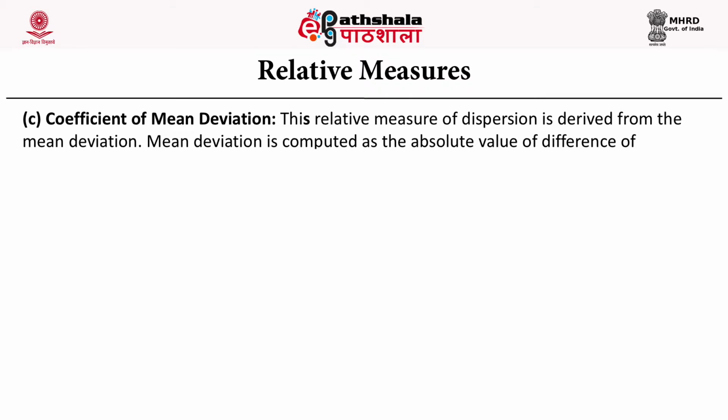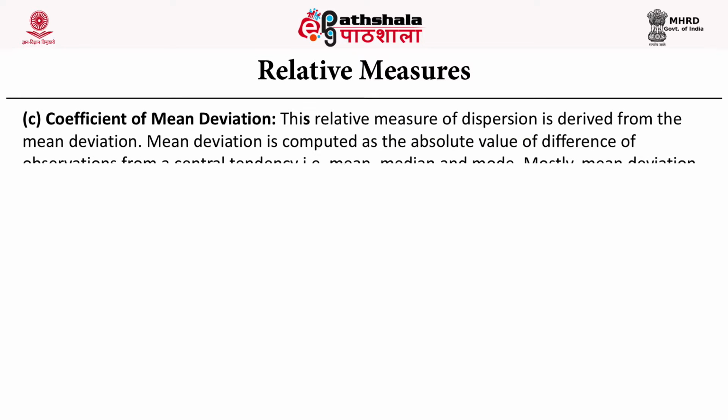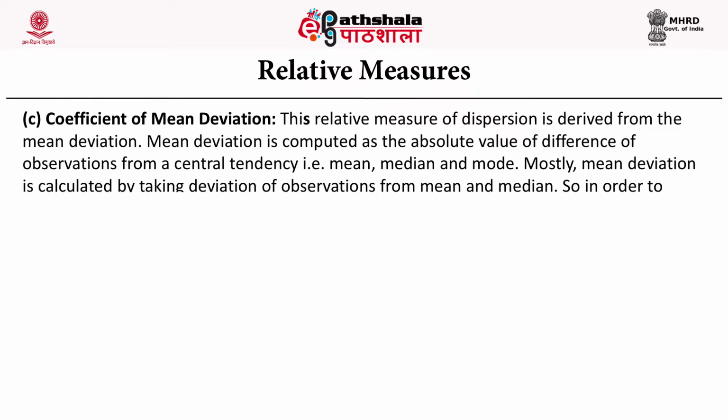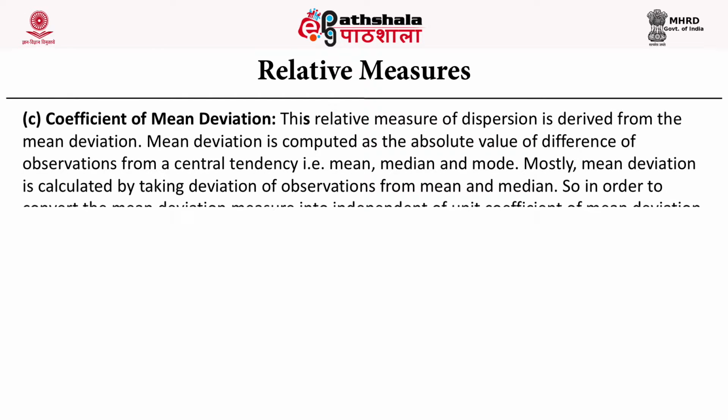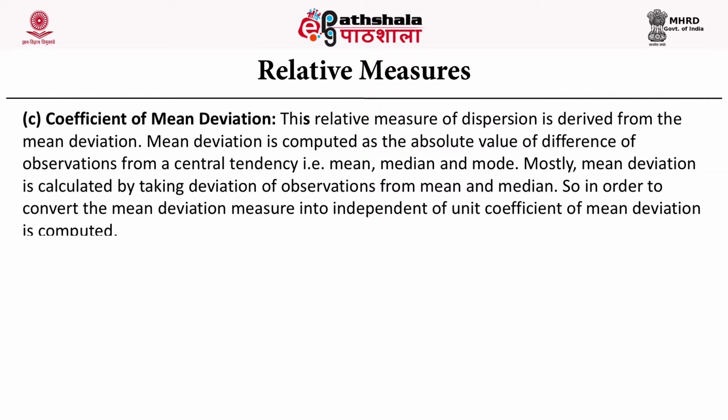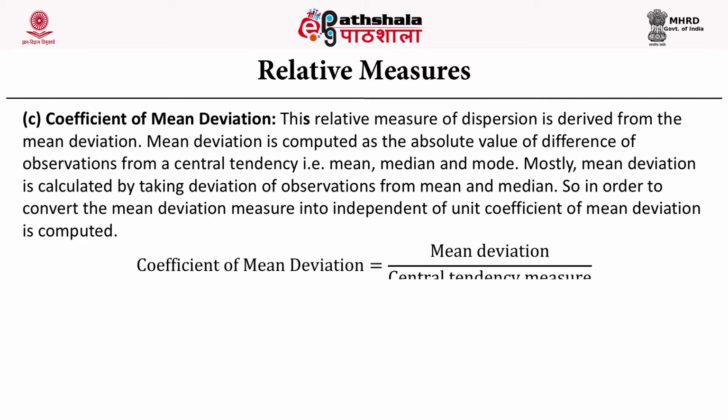Another relative measure of dispersion is the coefficient of mean deviation. This relative measure of dispersion is derived from the mean deviation. Mean deviation is computed as the absolute value of the difference of observations from a central tendency, that is mean, median or mode. Mostly it is calculated by taking deviations of observations from the mean or median.